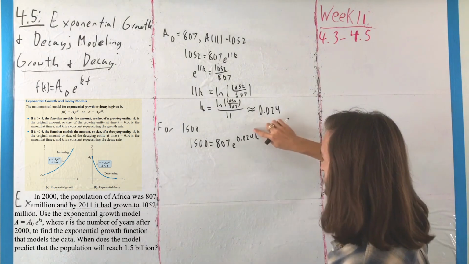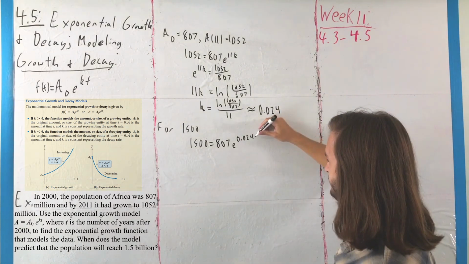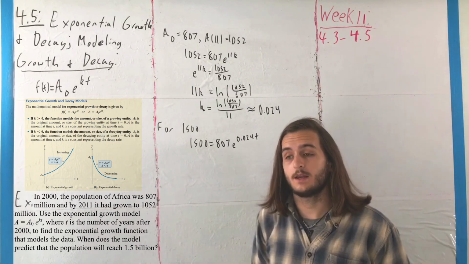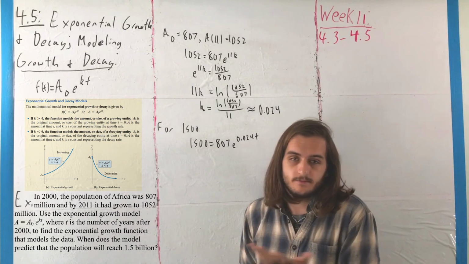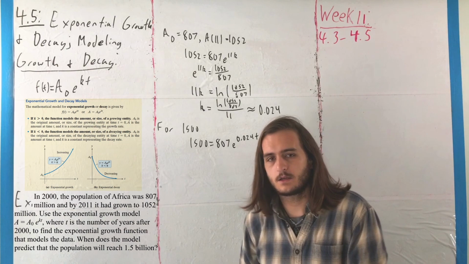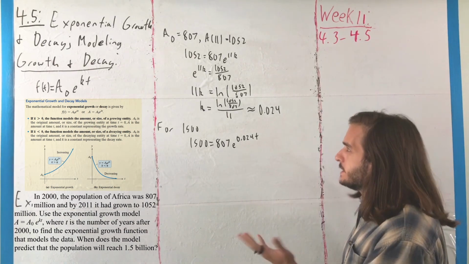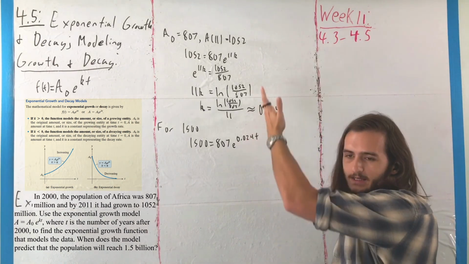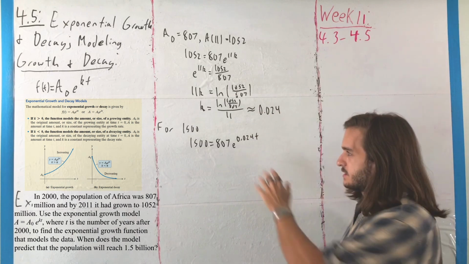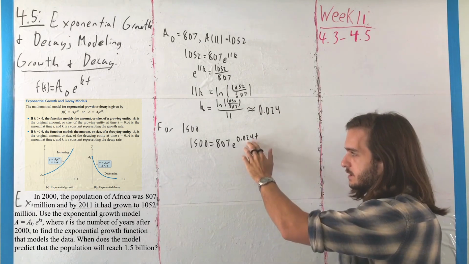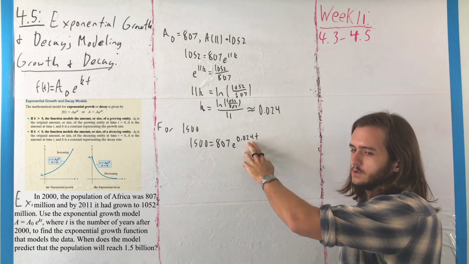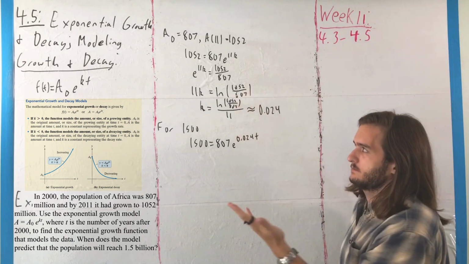Excuse me, not k. Silly. T. Sorry, we know k now, we need to find t, but I made that mistake because it's literally the same process. It's just here, instead of knowing 11, we know 24 thousandths. But we're going to do the same thing.